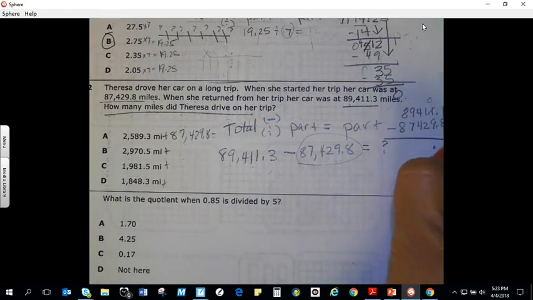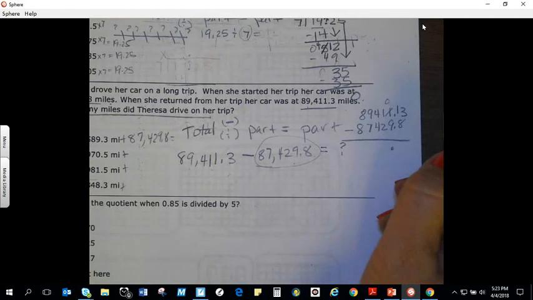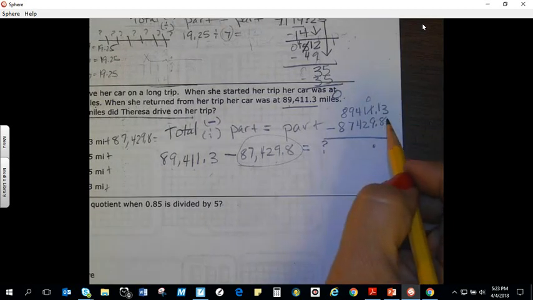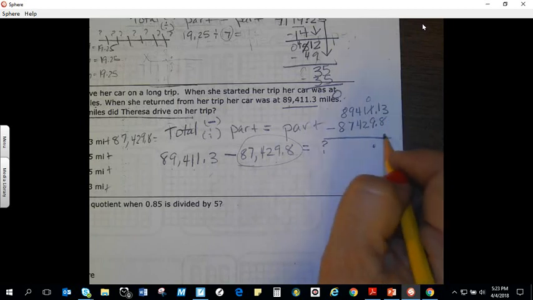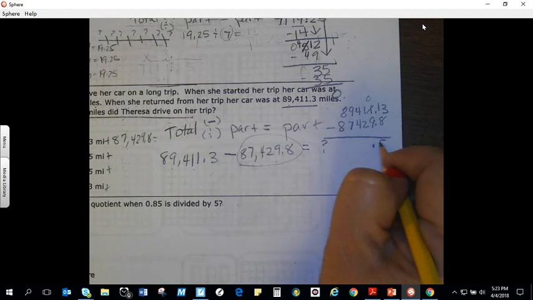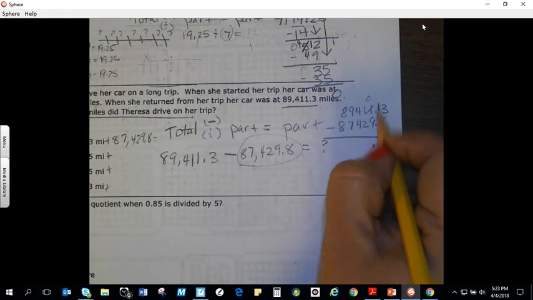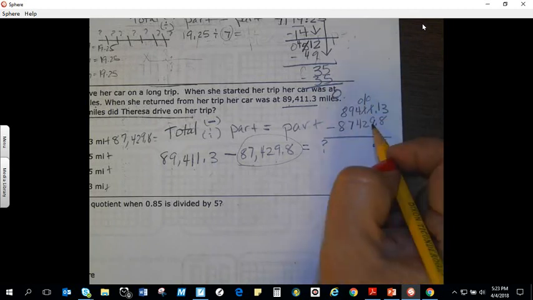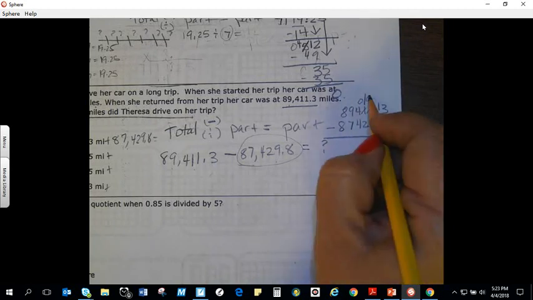That becomes a 0, and that's a 13. Can you see that? Sorry about that. So now I have 13 minus 8 is 5, because I have 8, 9, and 10, and left over is 3. So that's 5. Now I can't take 9 from 0, so I need to regroup again, and I'm going to make that into a 10. 10 minus 9 equals 1.